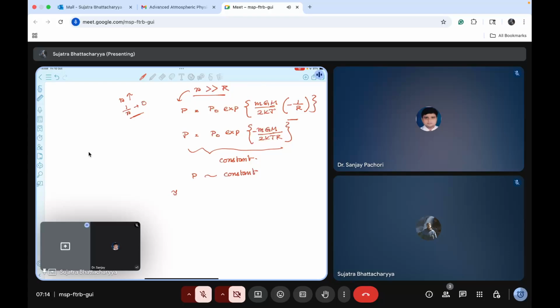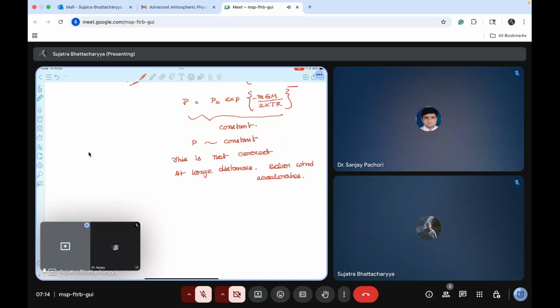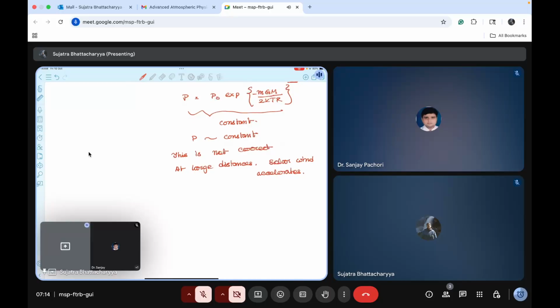The problem is this is not correct, because at large distances also, solar wind accelerates. It can't be taken as constant. If P is constant, then delta P is 0, so there is no acceleration.